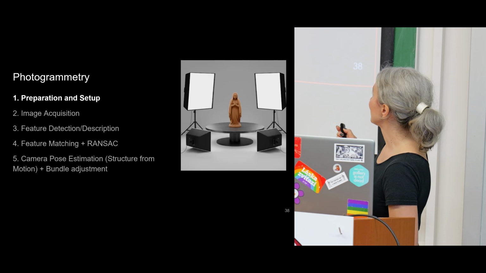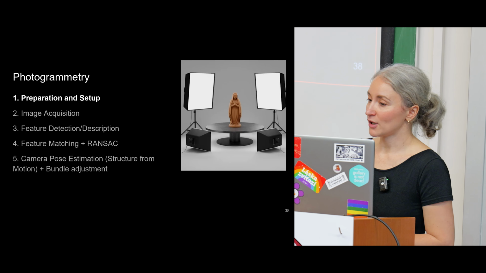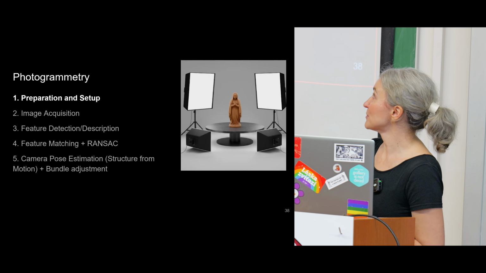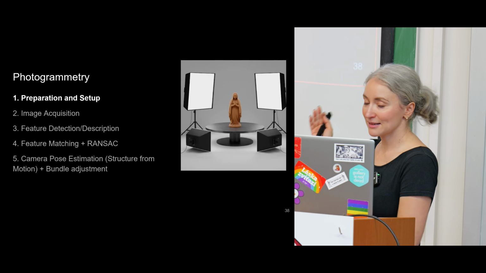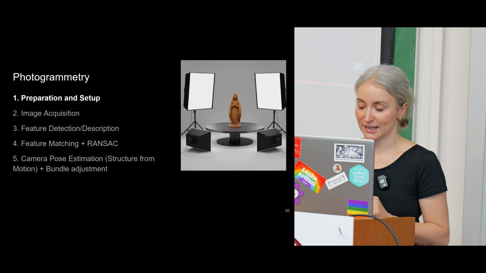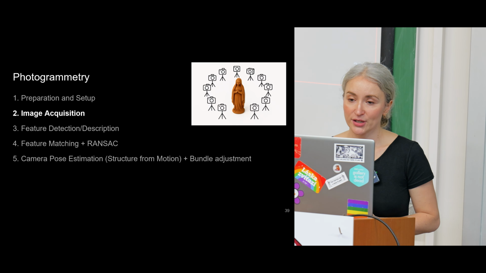We need to have some diffuse lighting. We want to get rid of the shadows and specular reflections. Sometimes we want to use some polarization of both cameras and lights. Sometimes we want to use a rotary table. Maybe we will calibrate the camera at first. Then we will do the image acquisition.